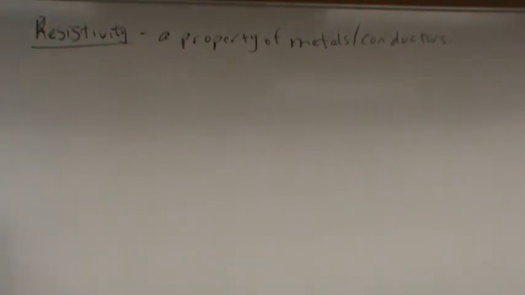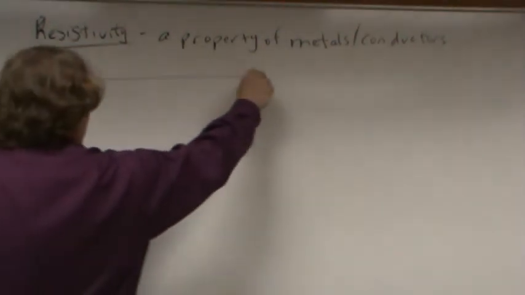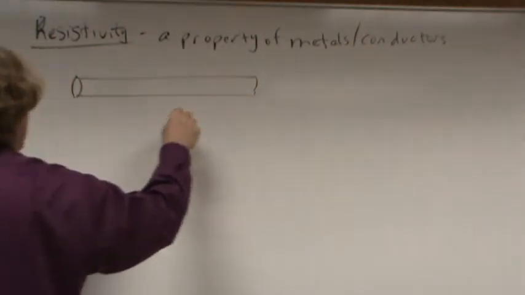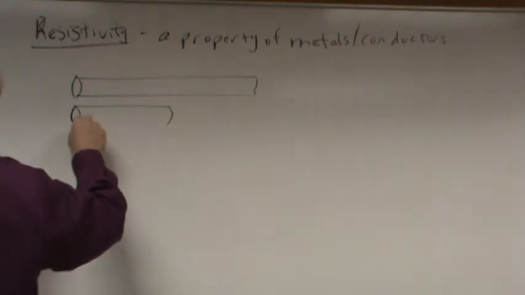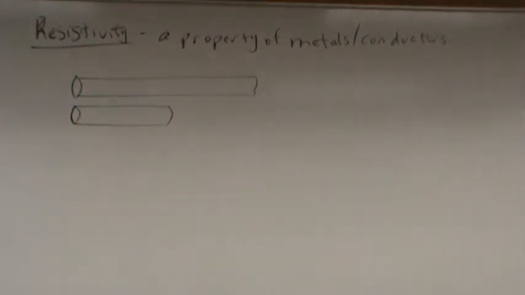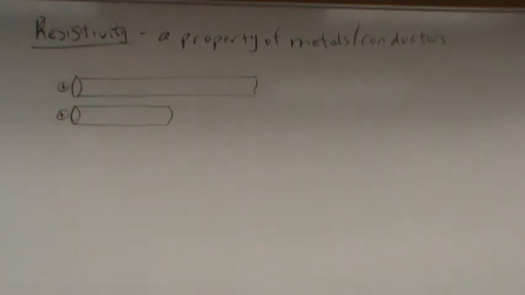So let's talk about wires and gauntlets. Suppose I had a wire that was this long, and suppose I had an identical wire, but it was only this long. And I had charge, we'll make it positive charge. Since we're in physics land, we tend to talk about current as being the direction of motion of positive charge instead of negative charge.